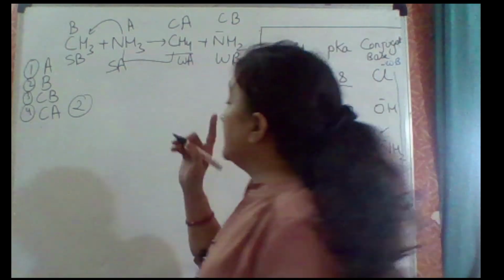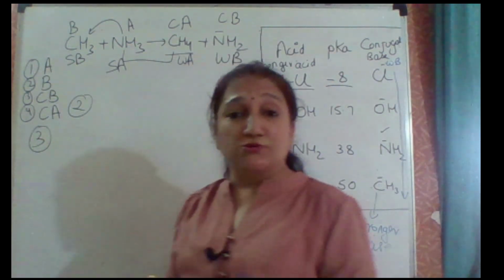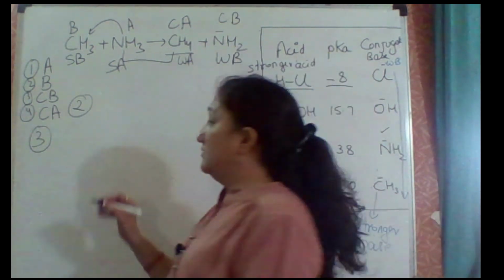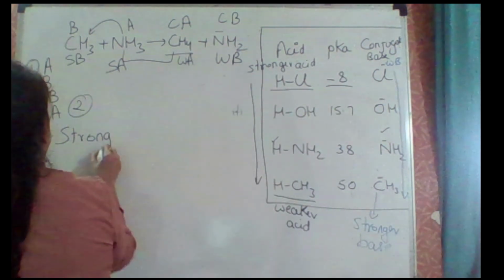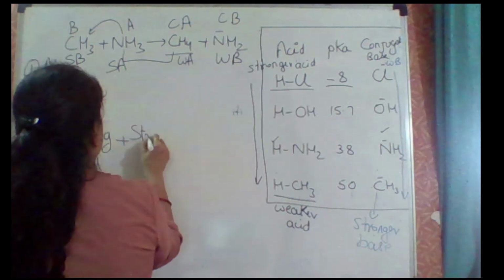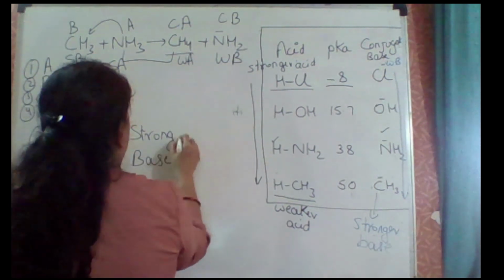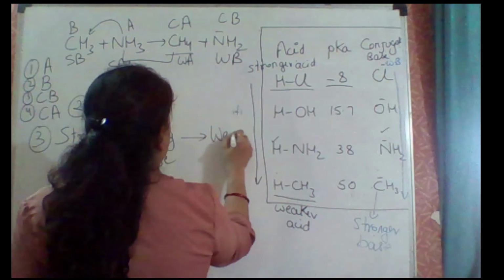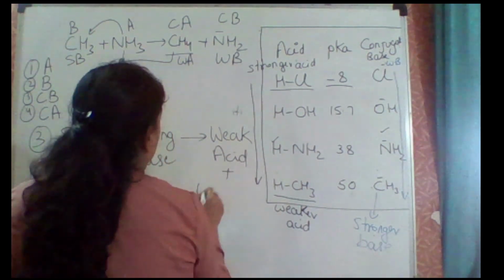Clear? Now comes the third step. The third step is the thumb rule to be kept in mind always. A strong acid and a strong base give a weak acid and a weak base.